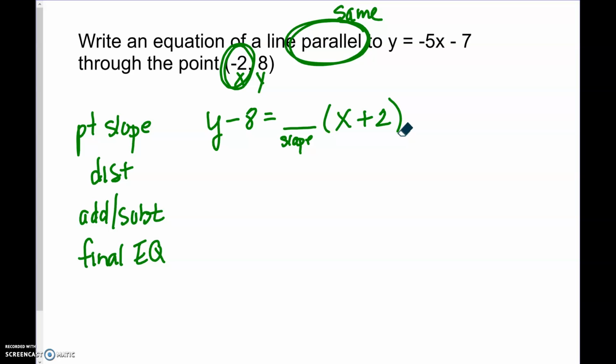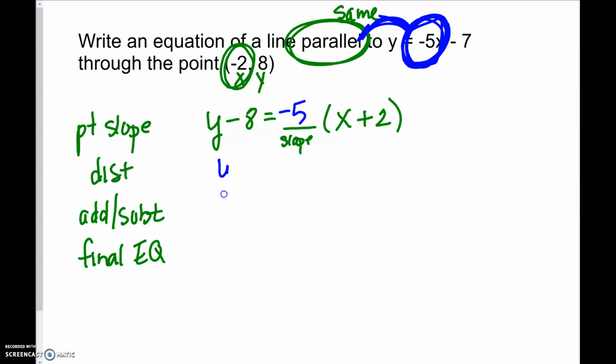We get the slope from the equation. And what is the slope of this equation? Is it -5 or 7? The slope is a -5. And what did we say about parallel lines? Parallel lines have the same slope. So because this is a -5, we're going to put in a -5.